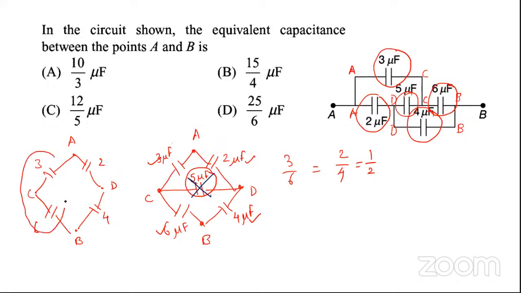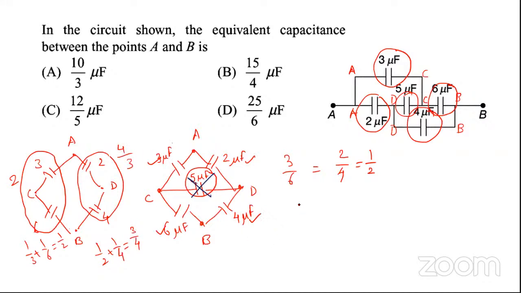This 3 and 6 are in series, and this 2 and 4 are in series. So 1 upon 3 plus 1 upon 6 becomes 3 upon 6, that is 1 upon 2, so this will come out to be 2. Similarly, 1 upon 2 plus 1 upon 4 becomes 3 upon 4, and the inverse of it is 4 upon 3.